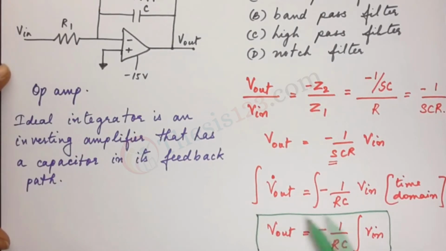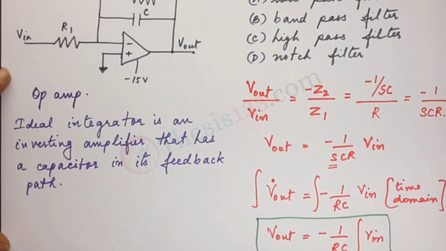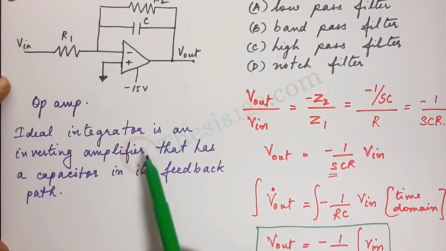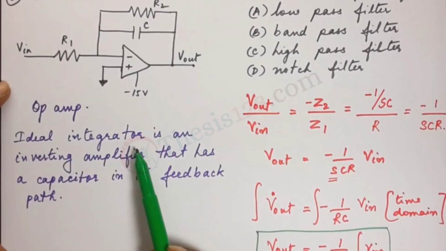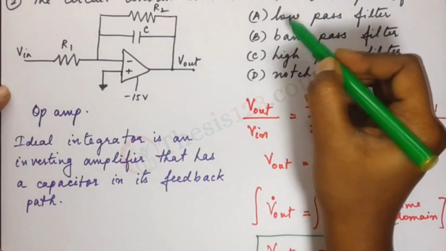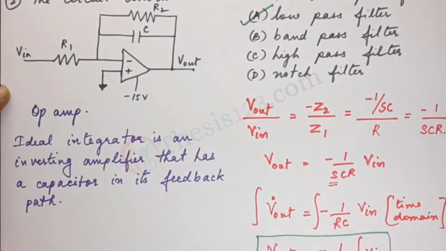So because of this equation, we see that the circuit given is indeed an ideal integrator. Now if it is an ideal integrator and has a capacitor in its feedback path, it represents a low pass filter. So that is our final answer.